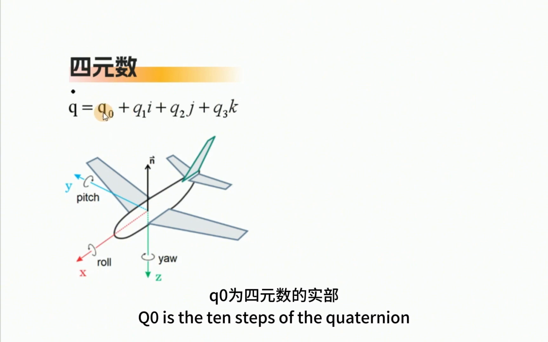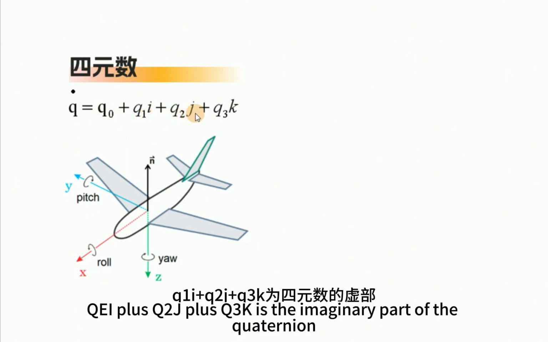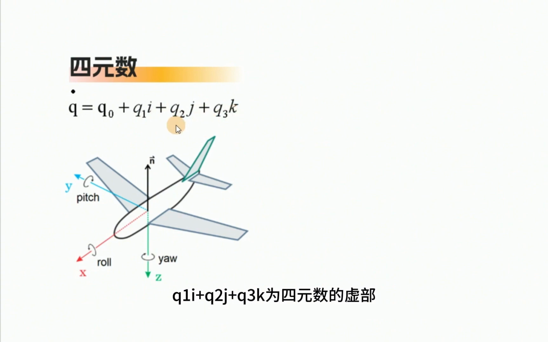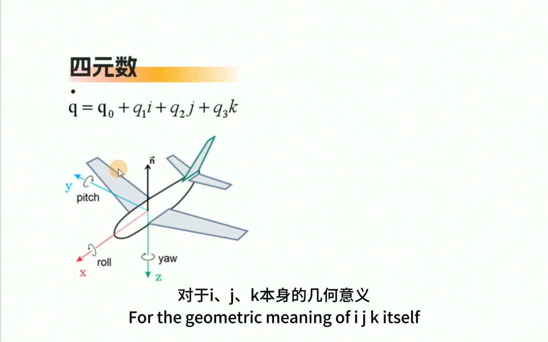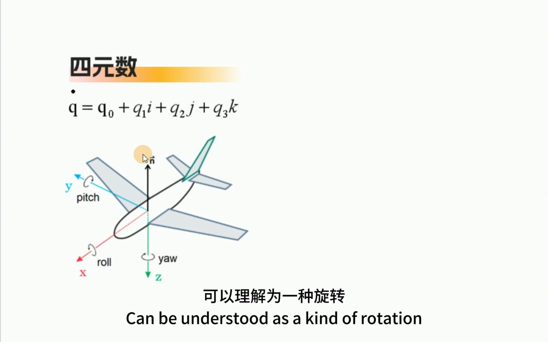Q0 is the real part of the quaternion. Q1 i + Q2 j + Q3 k is the imaginary part of the quaternion. The geometric meaning of ijk themselves can be understood as a kind of rotation.